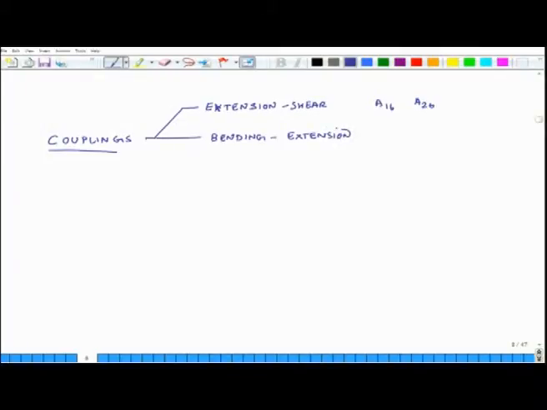Now, this coupling, we said, exists if the B matrix, that is the coupling stiffness matrix, is not equal to 0. So, again we will explore methods through which we can make this matrix 0, and if we are able to achieve it, then this coupling can be eliminated. And the third coupling we had discussed was bending twisting.